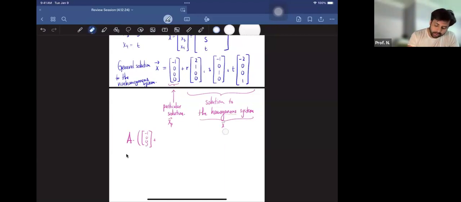Actually XH for homogeneous. So if I do A(XP plus XH), this equals AXP plus AXH.